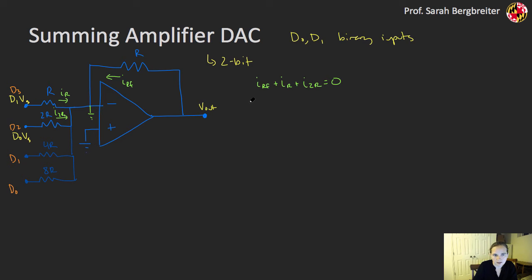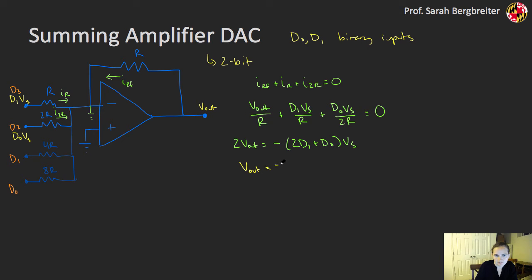If I start writing out these expressions, I get this, and I can multiply by 2R, and finally I'll get a V out that's minus 1/2 times 2D1 plus D0 times that voltage. I can look at what V out I'm going to get for different combinations of digital inputs: 0 0, 0 1, 1 0, 1 1.